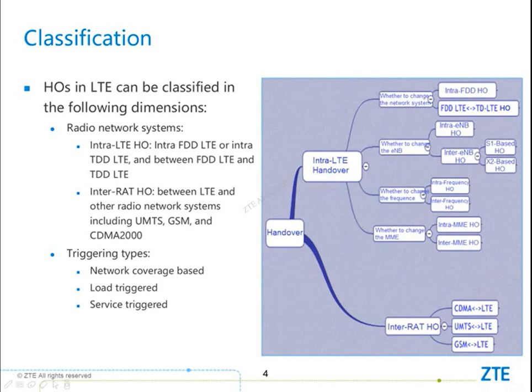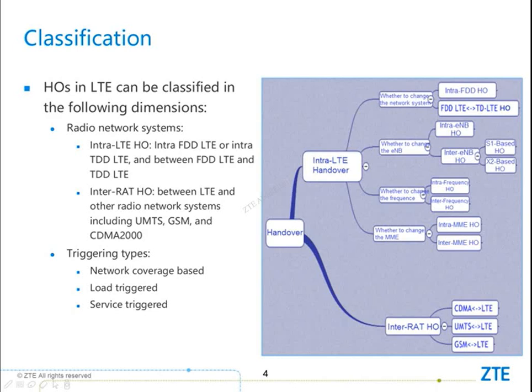And intra-LTE handover also has intra-FDD handover, intra-TDD LTE handover, or handover between FDD LTE and TDD LTE. Inter-RAT handover means the handover happens between different systems. For example, if a UE hands over from LTE to UMTS, from LTE to GSM, or from LTE to CDMA2000, we name all of these inter-RAT handover.